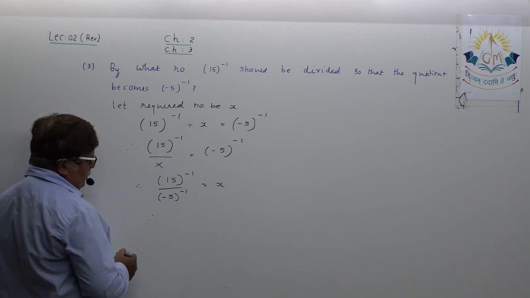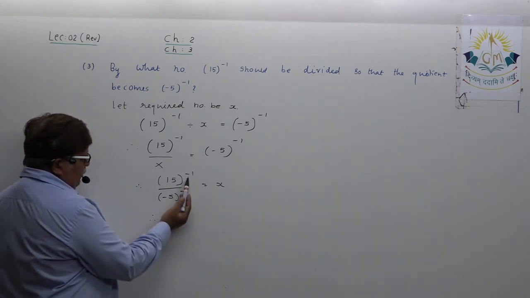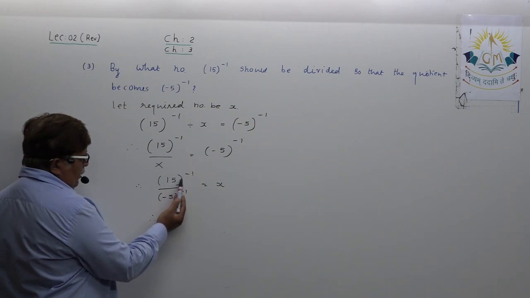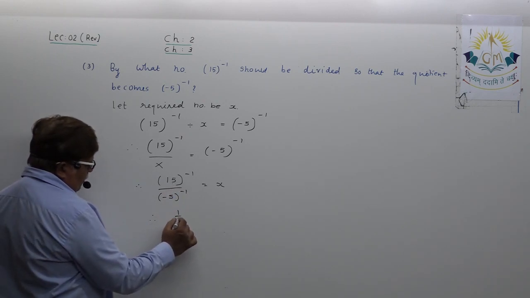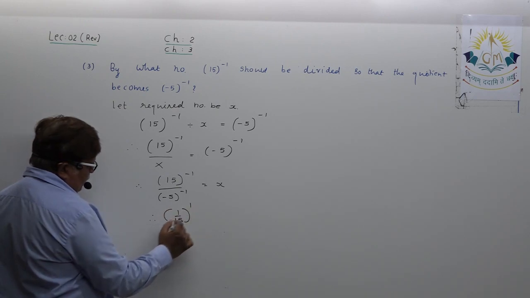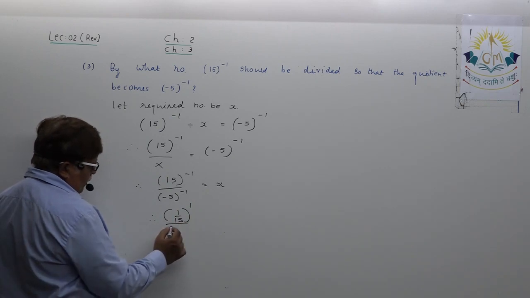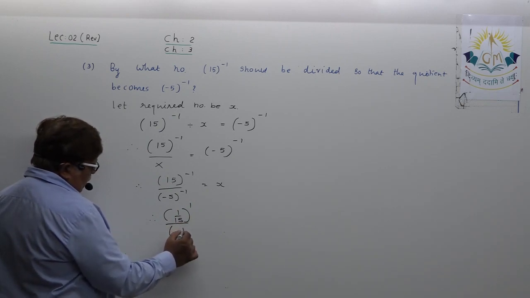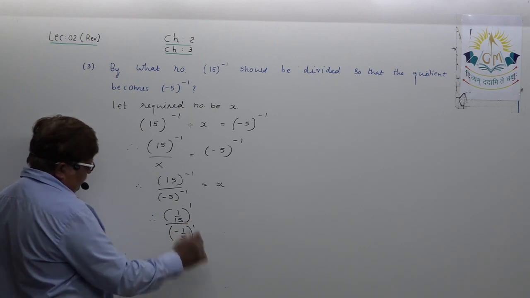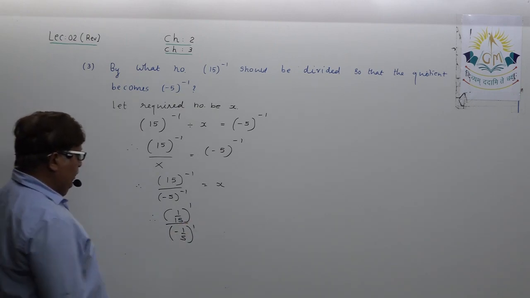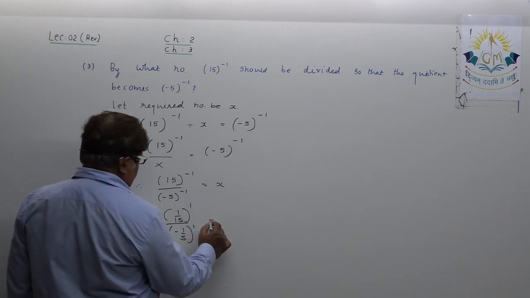Now it's a simple question of making the power positive by taking the inverse of the base: 1 upon 15 raised to 1 upon minus 1 upon 5 raised to 1 equal to x.